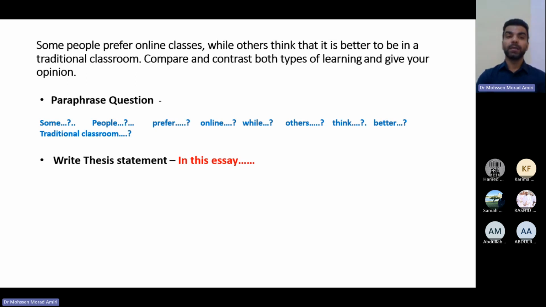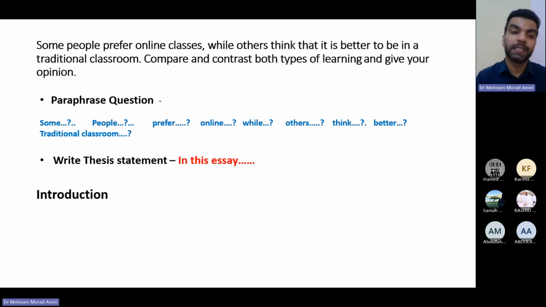For example, for some people, we should give a synonym: some individuals. Later on, I will show you, Shabab. Some individuals prefer online classes, or would like to choose online classes. Instead of prefer, we say would like to choose it. Sure.